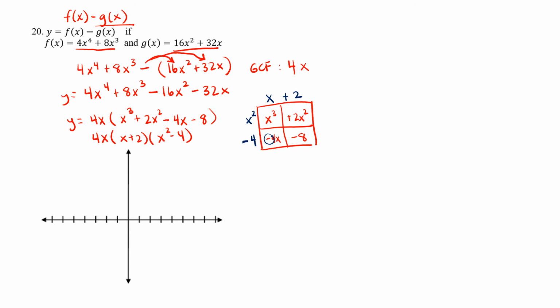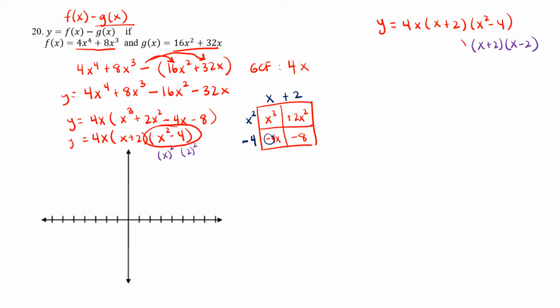Now we're not done, but I'm going to take this over to this side so I have a little bit more room to work with. Why we're not done is because that x squared minus 4 right there, that's a difference of squares, right? We can factor that further. We know that x to the 2nd power is x squared, 2 to the 2nd power is 4, so that factors into x plus 2, x minus 2, using the difference of squares.